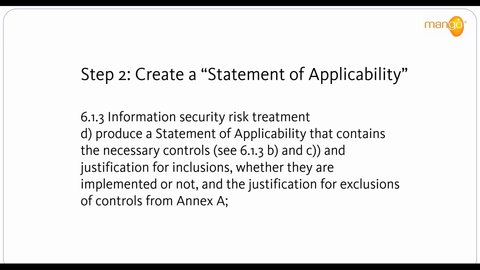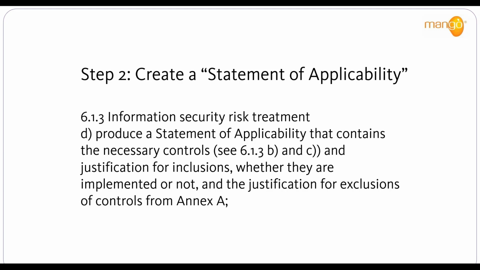So you basically take all the clauses of Annex A, and there's 108 of them, put them all in a big spreadsheet, or use the compliance module in Mango, and you say which ones you are going to include and which ones you are going to exclude in your system. Of the 108 clauses, you need to justify why you include them, and why you exclude them.